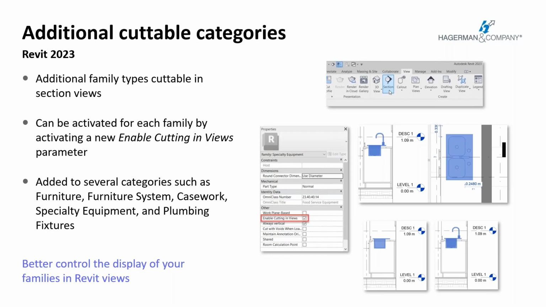This enhancement to Revit 2023 gives users better control over the display of their families and views. And personally, I love this because non-cuttable families were a huge source of confusion for people with respect to view range settings. So I'm a big fan of this one. I think it's great.